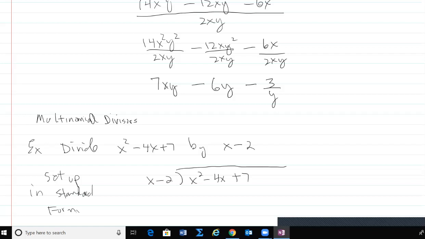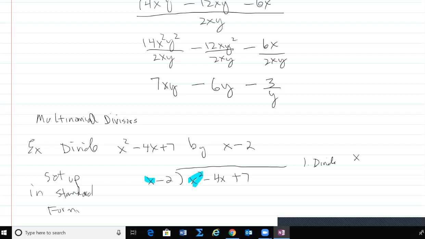Notice these are descending powers of the variable. Then I concentrate only on this, x and x to the second power. That's my first step. So I'm going to do a division. So my first step is divide.